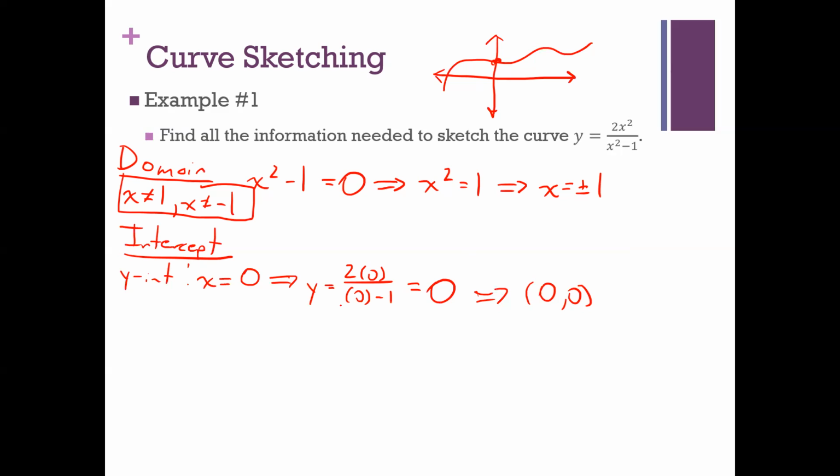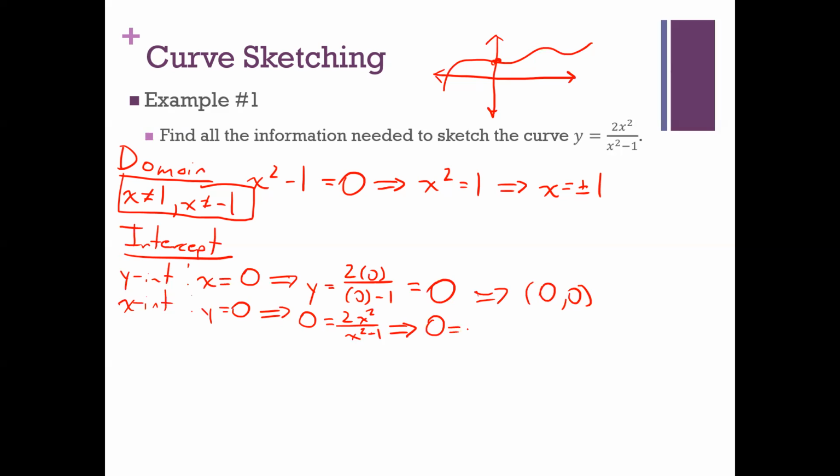Okay, so in order to find the x-intercepts, I should set y equal to 0, right? And then from there I get 0 equals 2x squared over x squared minus 1. Can I simplify that any further? X equals 0.